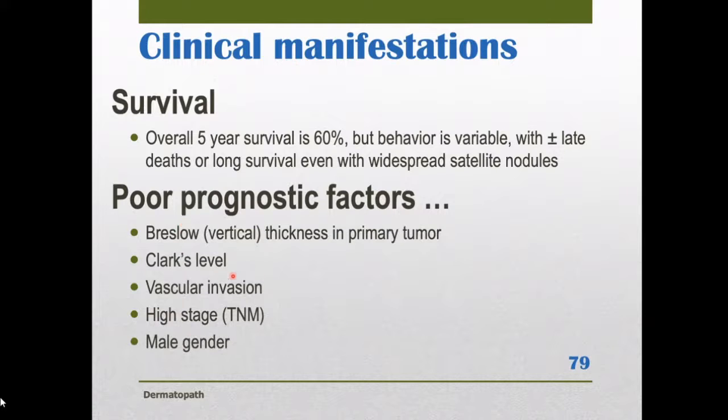These are things we do in histology. When we have a case of melanoma, we measure thickness from the surface to the deeper area where the cancer cells arrive. So we say the Breslow level was maybe 5 millimeters, 10 millimeters, 20 millimeters, and so on.